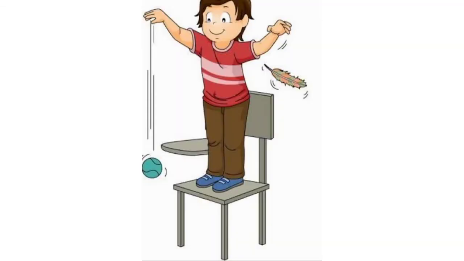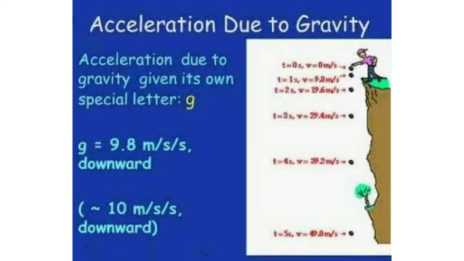Acceleration due to gravity. An object is dropped from a height. It falls down due to the gravitational force of the earth. The acceleration of the body while falling down is called acceleration due to gravity.